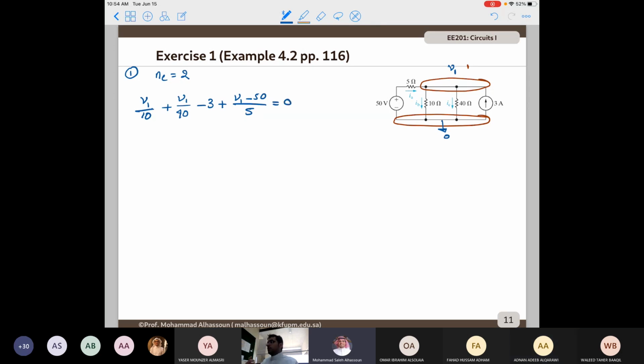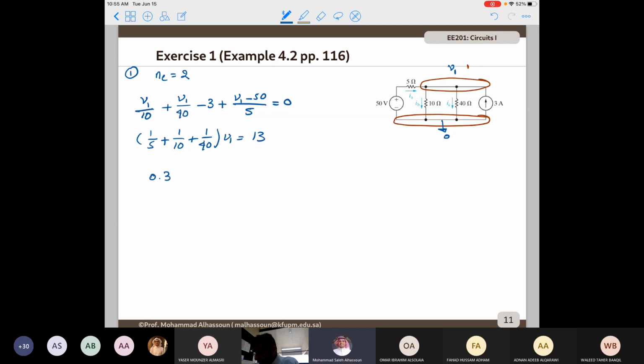Excellent. So let me simplify it here. If I simplify it, I will end up with 1 over 5, 1 over 10, 1 over 40, times V1 equals 13.